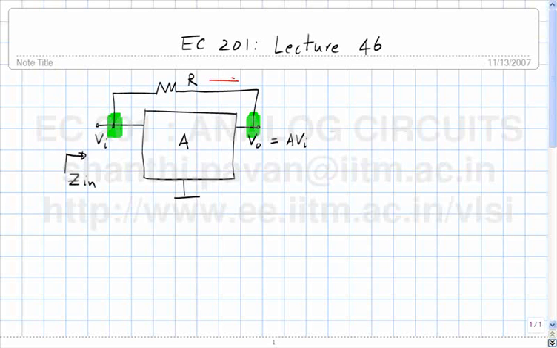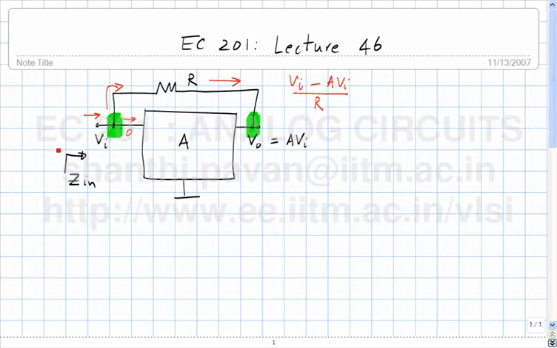So the current flowing through the resistor must be Vi minus A times Vi divided by R. That current must be flowing like this, which must be coming from the input here. And if you assume that this is a voltage controlled voltage source, then the current flowing here is 0.